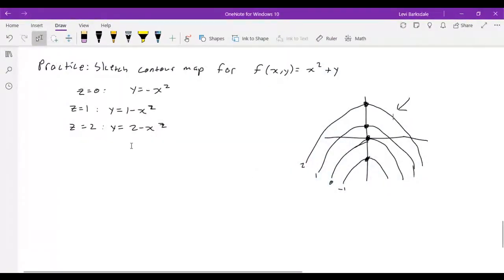Won't be able to pull up a graph right now, but contour maps can help because this would tell you your z value is -1. So you could say this parabola right here, this -1 should be considerably lower than this 2, way up here.